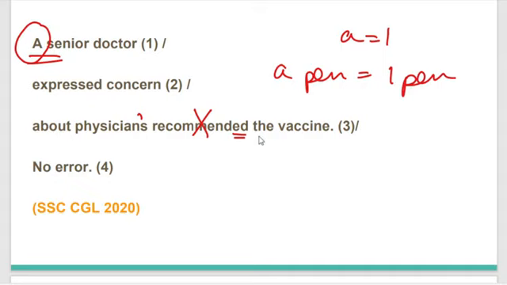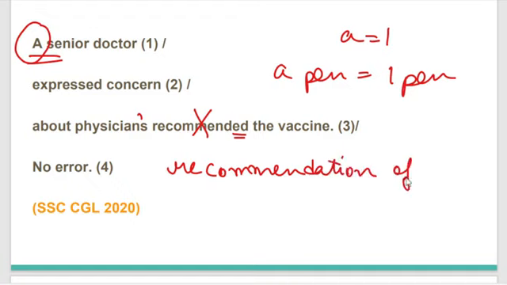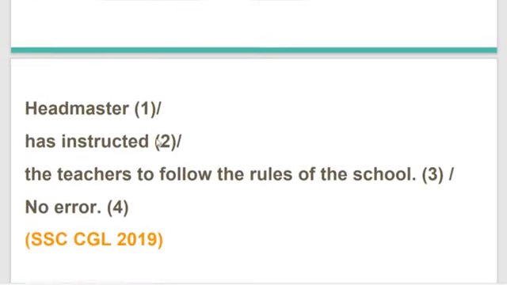So the correct sentence is: a senior doctor expressed concern about physicians' recommendation of the vaccine. Not 'recommended the vaccine'. Recommendation, physicians, it's very vital to give this apostrophe S. Physicians' recommendation of the vaccine. I hope this question is clear to you. This was a little different. This had a very short and crisp twist in it, and I hope it was clear. Moving to the next question.